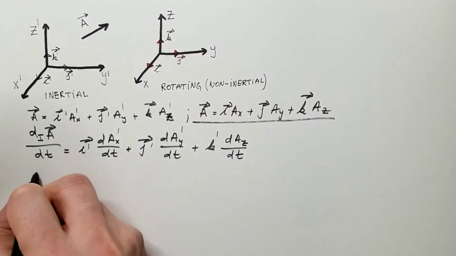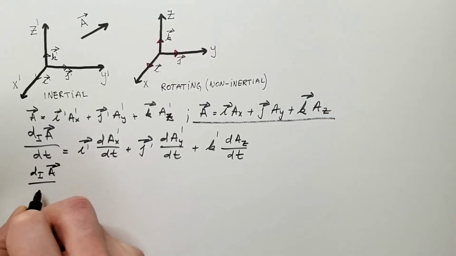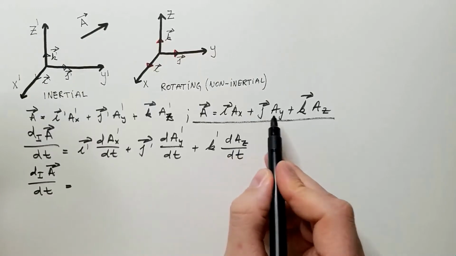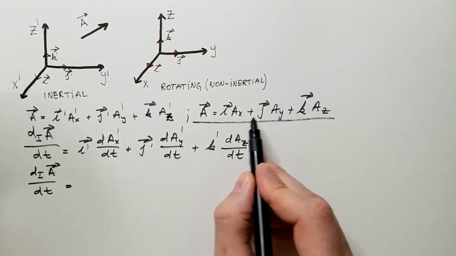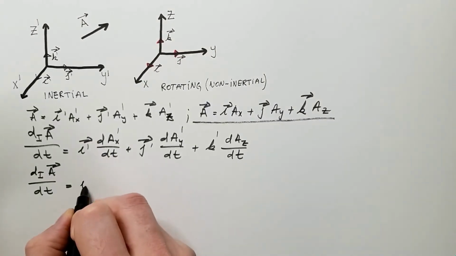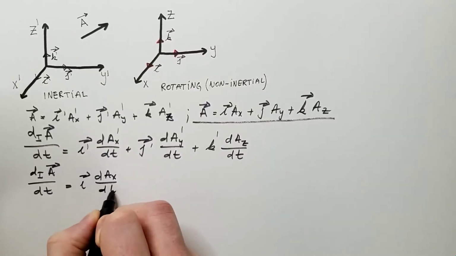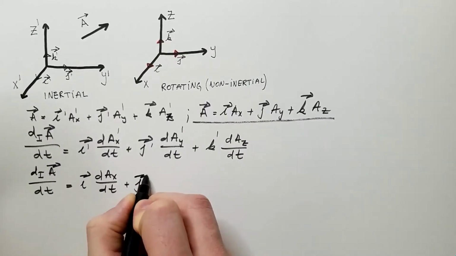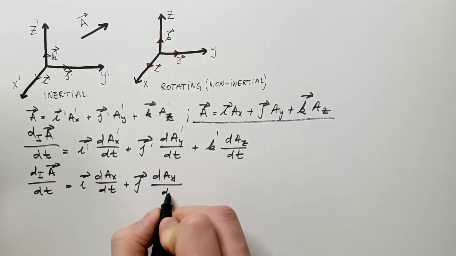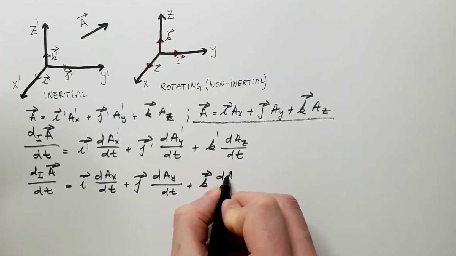That would be d in inertial of A dt, equal to, well, I make differentiation of these components AX, AY, AZ, so that would be I dAX dt plus J dAY dt plus K dAZ dt.